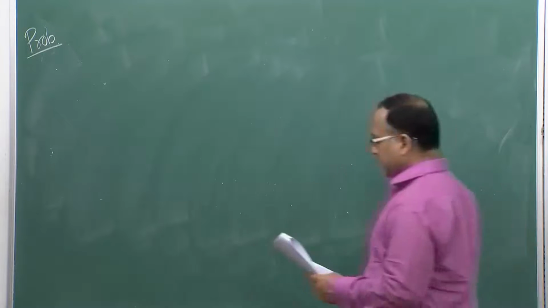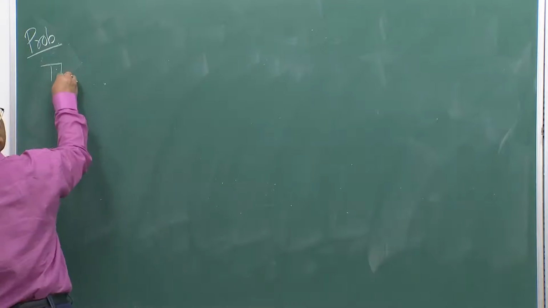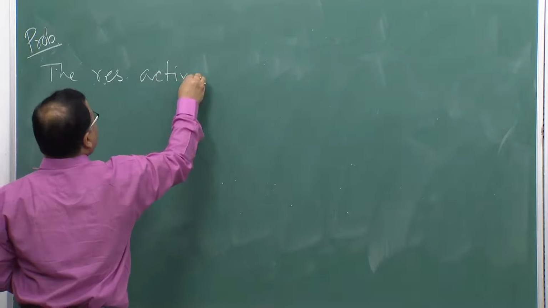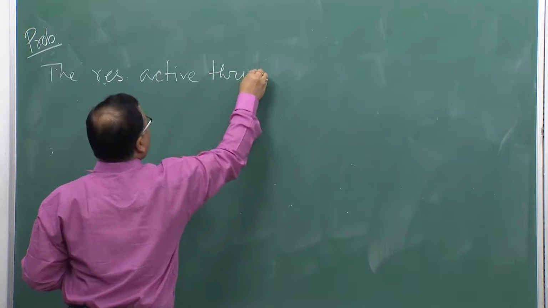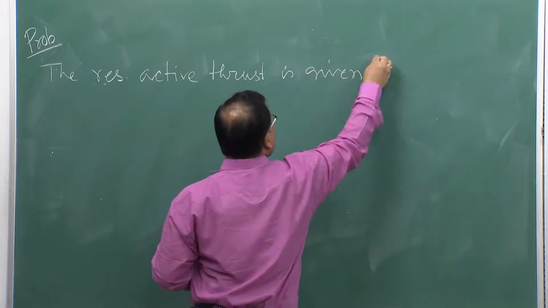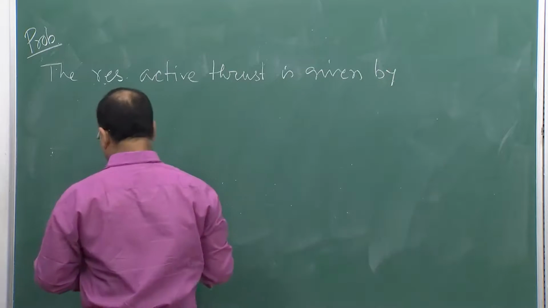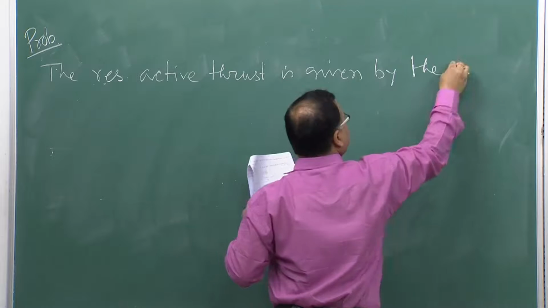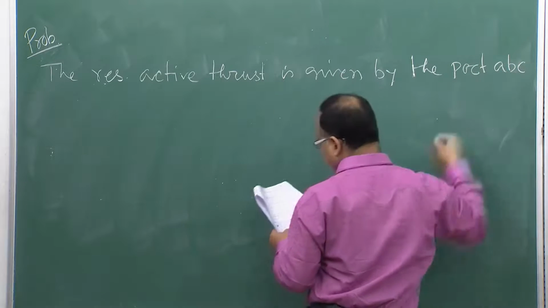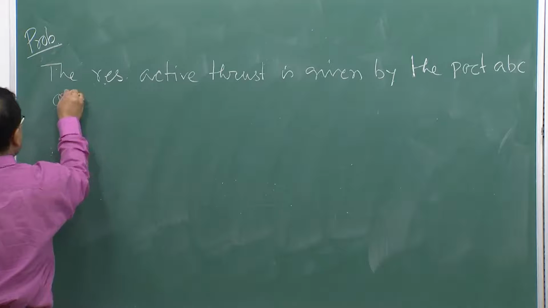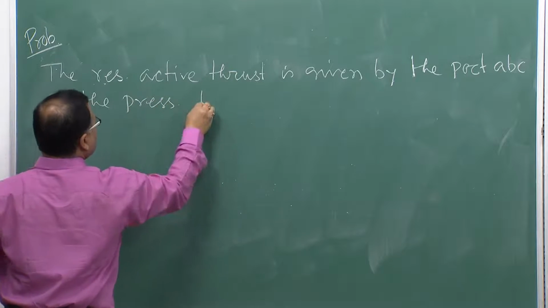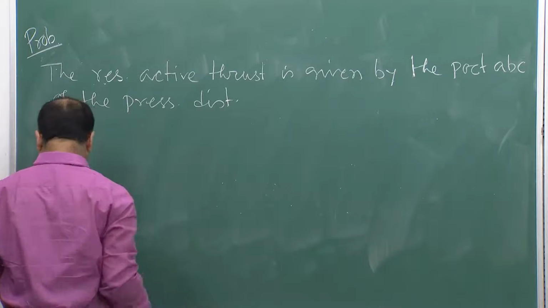The resultant active thrust is given by the part ABC of the pressure distribution diagram.